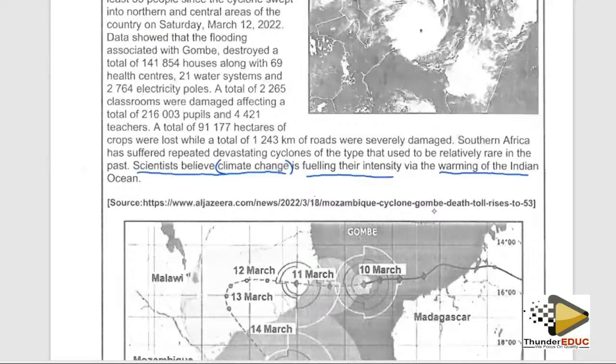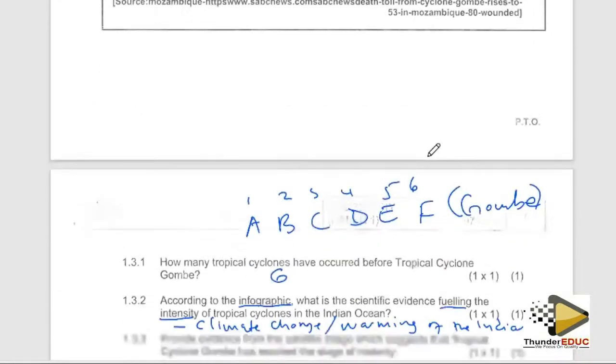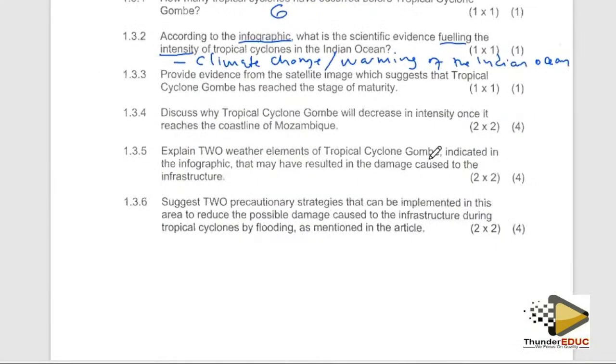So our satellite image, as you can notice, we have the eye which has developed at the center of the cyclone, and we know that the eye is more developed in the mature stage. So the evidence could be the presence of the eye at the center of the tropical cyclone.